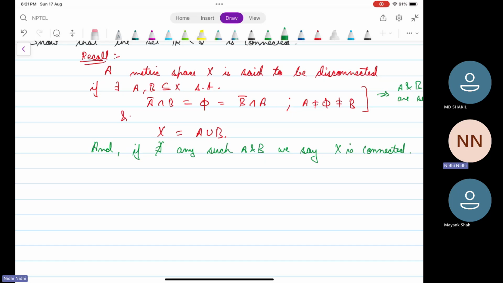Next comes path connected. By path connected, we mean that for any two points in this set, in layman's language, we can construct a path that joins those two points. That path is actually represented by a continuous map.